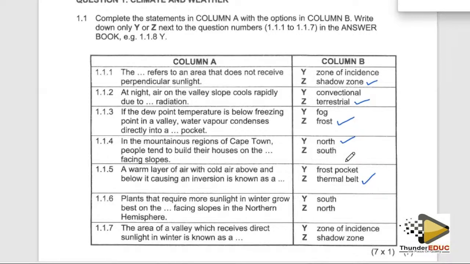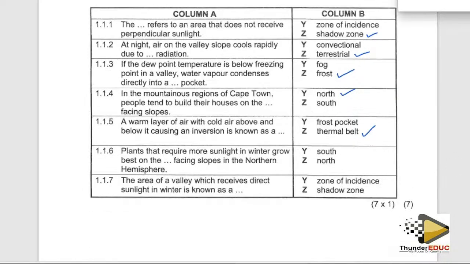1.1.6, plants that require more sunlight in winter grow best on the dash facing slopes in the northern hemisphere.